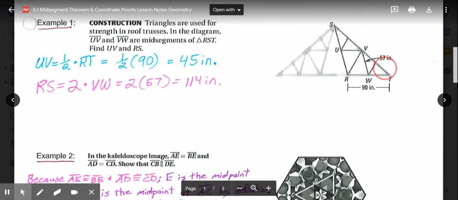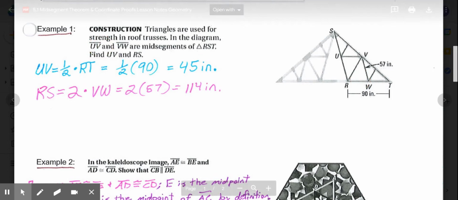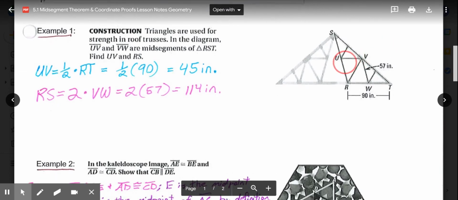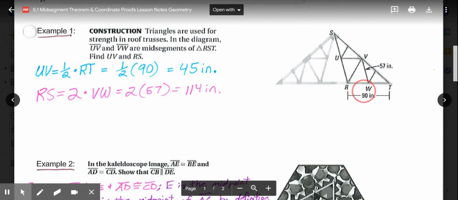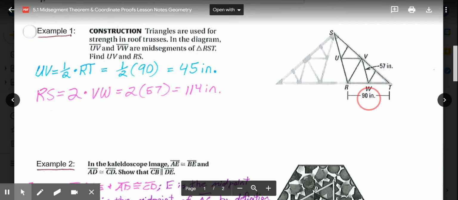Then I'm told UV is a midsegment, so we want to find UV. UV is right here connecting sides SR and ST. That tells me UV is parallel to side RT and half of its measure. So if RT was 90 inches, half of the 90 inches gives me UV, which is 45 inches.